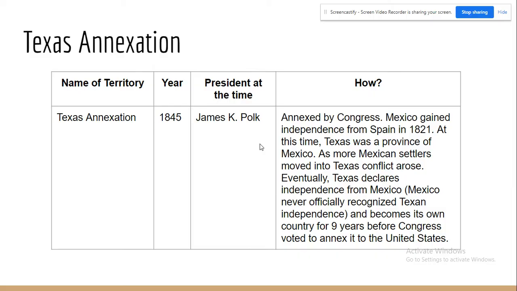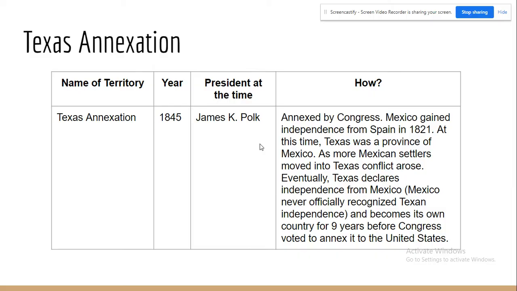And that eventually ends up happening. Texas is going to declare independence from Mexico, but Mexico never officially recognizes Texan independence. They still consider Texas as part of Mexico, which is kind of odd because Texas becomes its own country for 9 years before Congress votes to annex it to the United States.